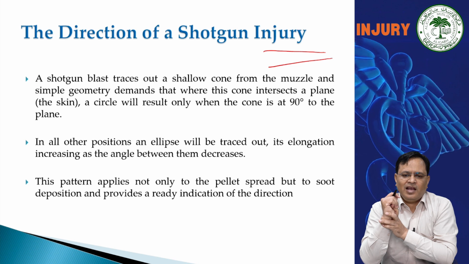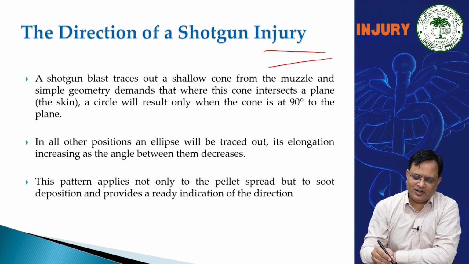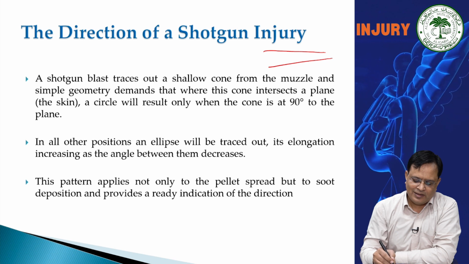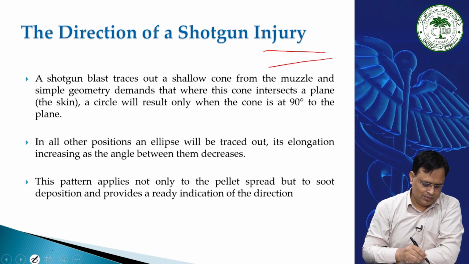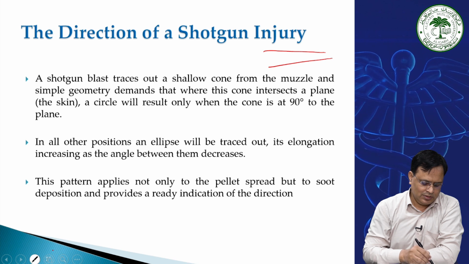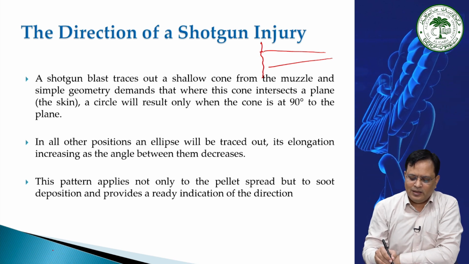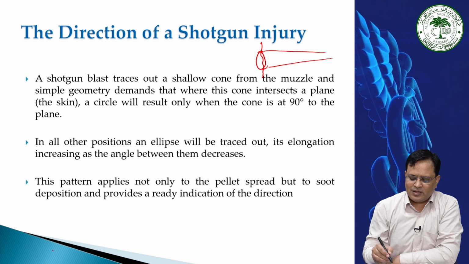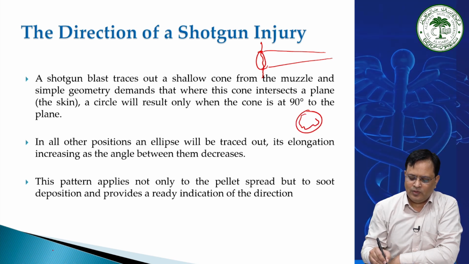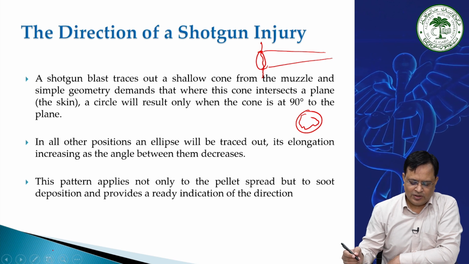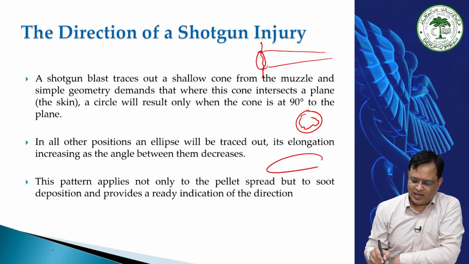Plane and circle will result only when the cone is at 90 degrees. If it is acting at 90 degrees, then it will act as a circular hole. In all other positions, it will be an ellipse or something like that.